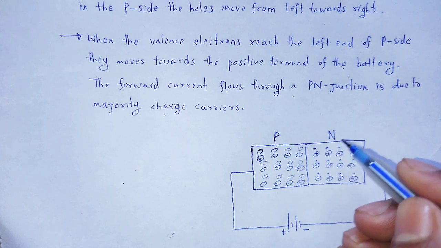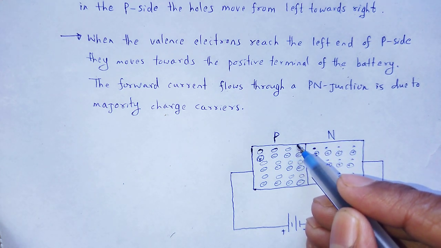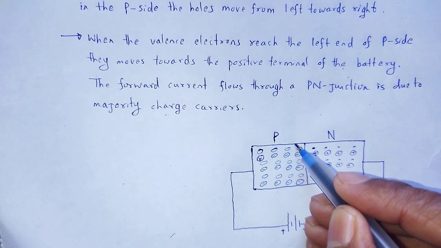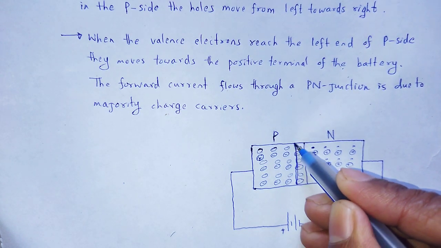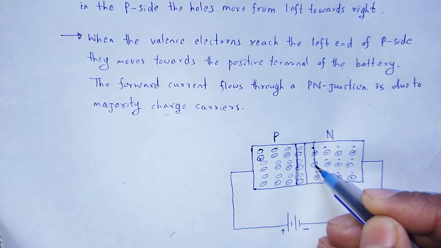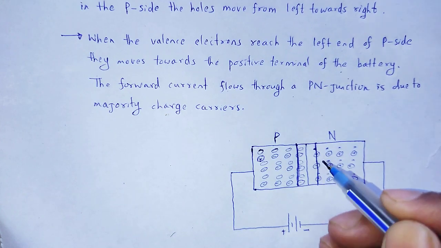As a result, here a negative potential is developed and there a positive potential is developed.